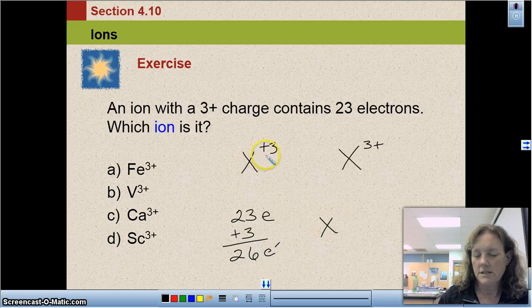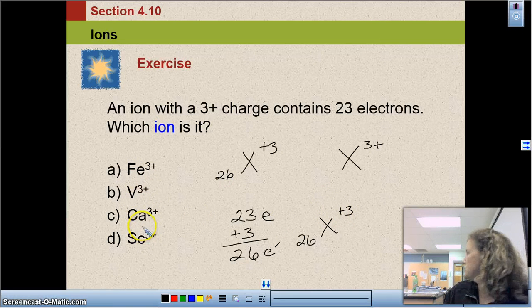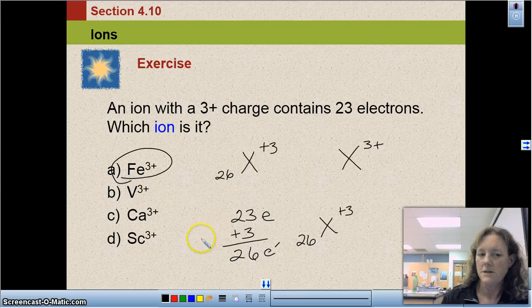So if it had 26 electrons when it was neutral, that means it also had 26 protons, correct? So 26, and that's not going to change, so I could have put a 26 here and a +3. So the question is, which one of these is it? If you look at your periodic table, element number 26 is Fe, so that's what it used to be. It's Fe with a +3 charge.